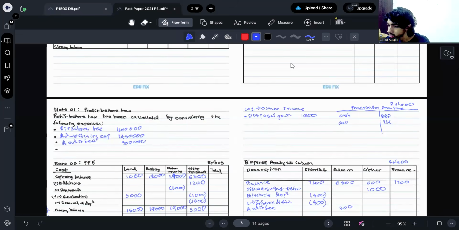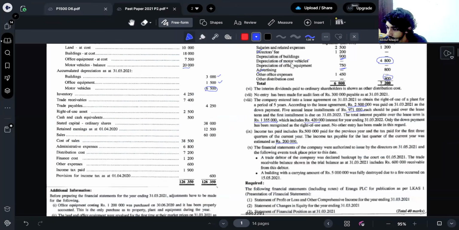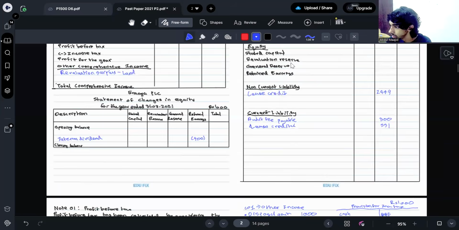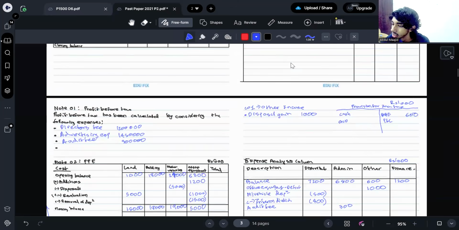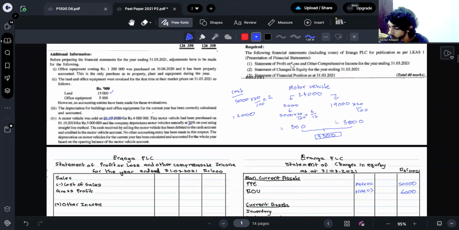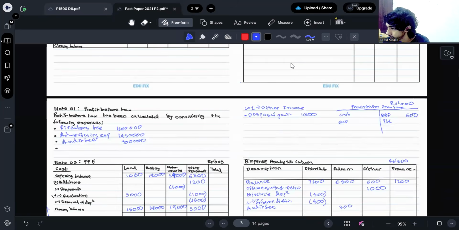So the opening provision for income tax is 600,000, from the BDS. Income tax paid amount 1,900,000.